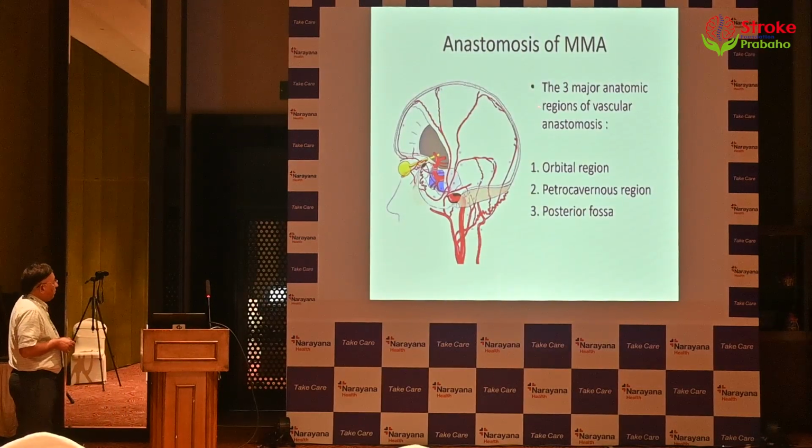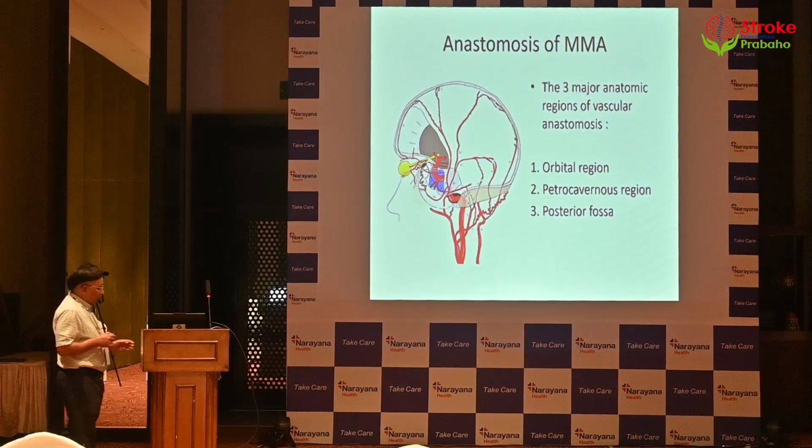There are a lot of anastomotic channels, but these three channels are very important. So there are three major regions of vascular anastomosis. One is the orbital region, another is the petrocavernous region, and third is the posterior fossa. So we have to take care of all these anastomoses when we are planning for embolization.